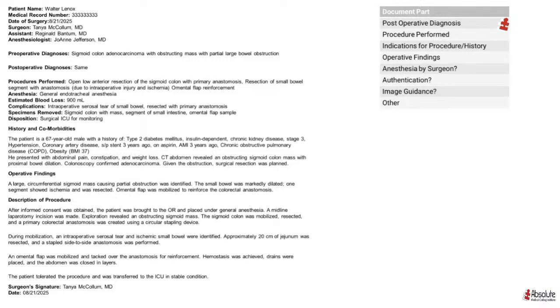Approximately 20 centimeters of jejunum was resected, and a staple side-to-side anastomosis was performed. An omental flap was mobilized and tacked over the anastomosis for reinforcement. Hemostasis was achieved. Drains were placed, and the abdomen was closed in layers. The patient tolerated the procedure and was transferred to the ICU in stable condition.